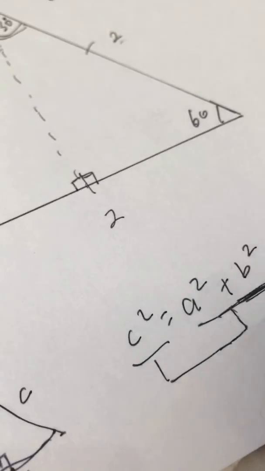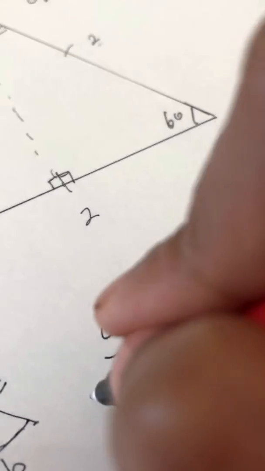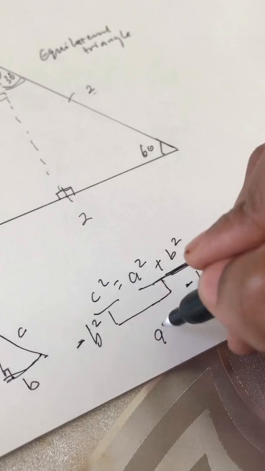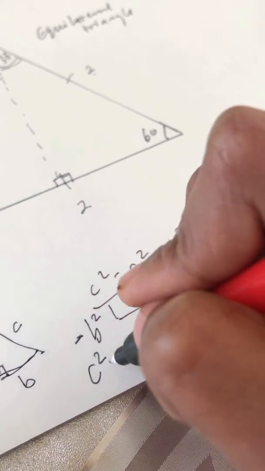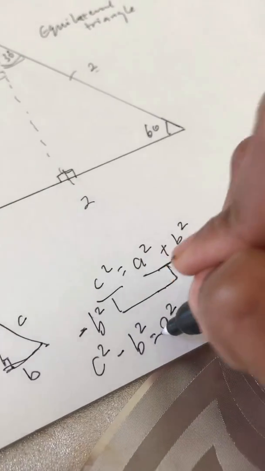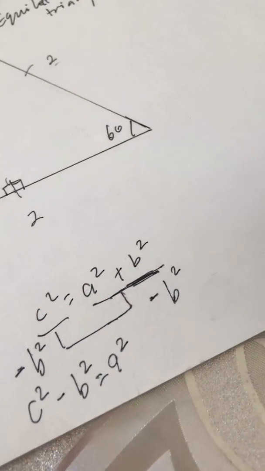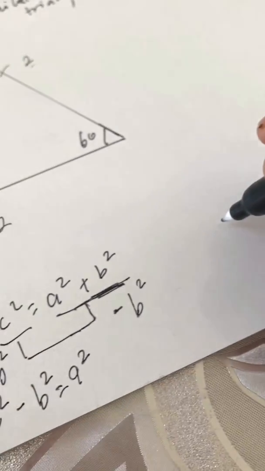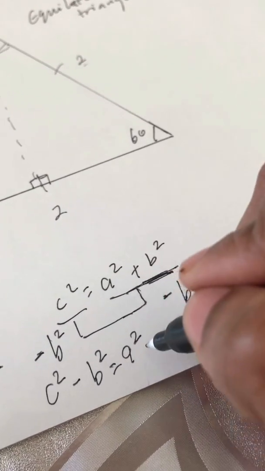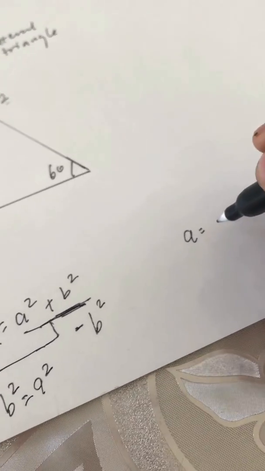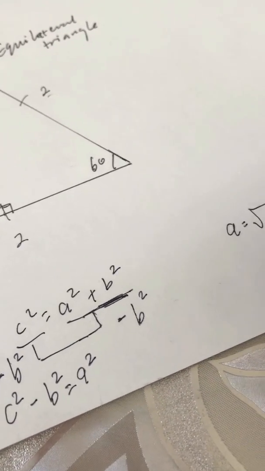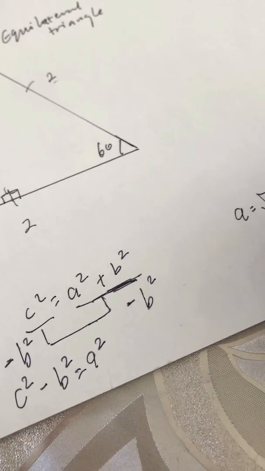So if we do minus B squared, we need to do minus B squared on this side. So basically, A squared is C squared minus B squared. We're happy with that? And we want A on its own. We don't want A squared. So A would be the square root of the whole thing, C squared minus B squared.